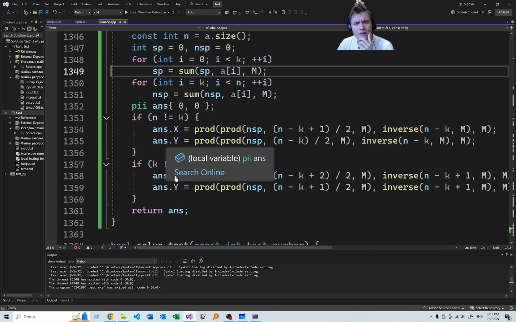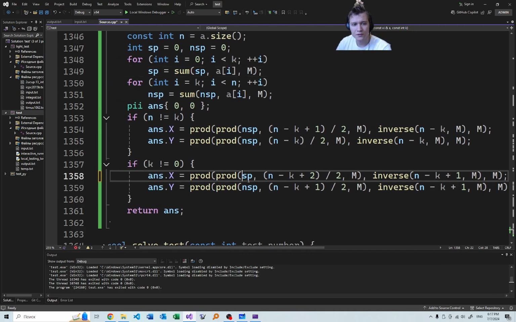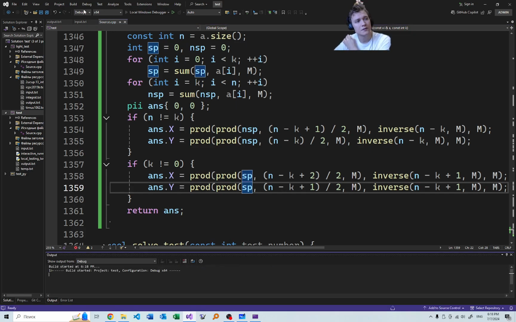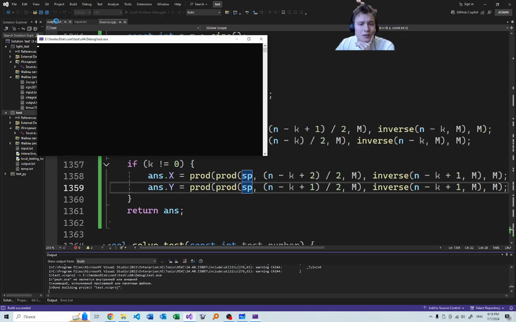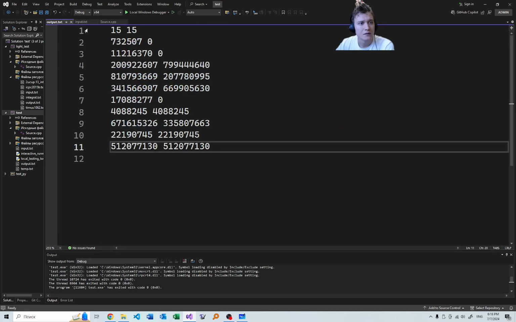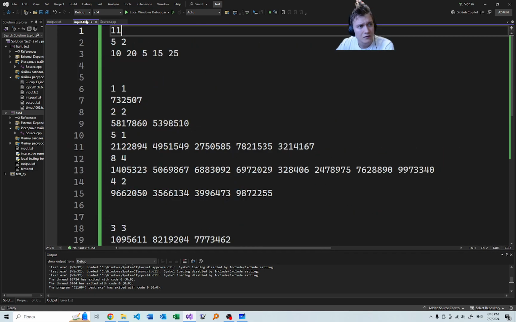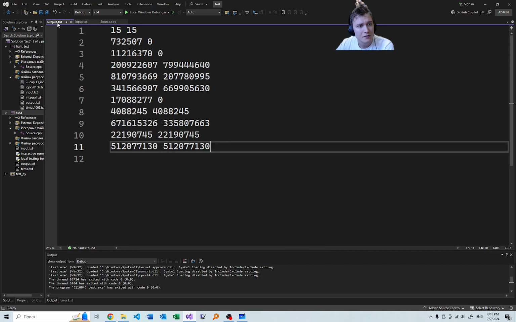Not everything is fine here, unfortunately. Well, here I need to use special numbers instead of not special. But still something's off. 15, 15? What?